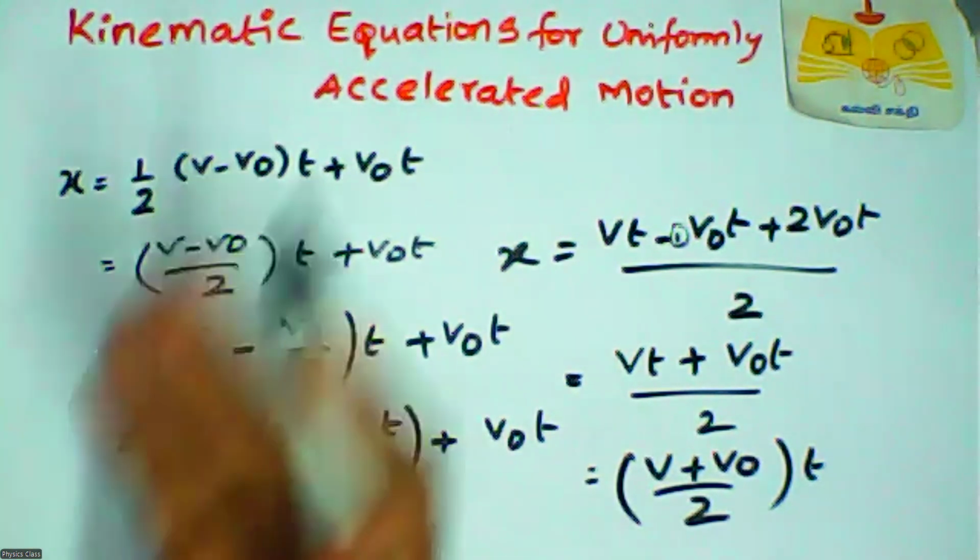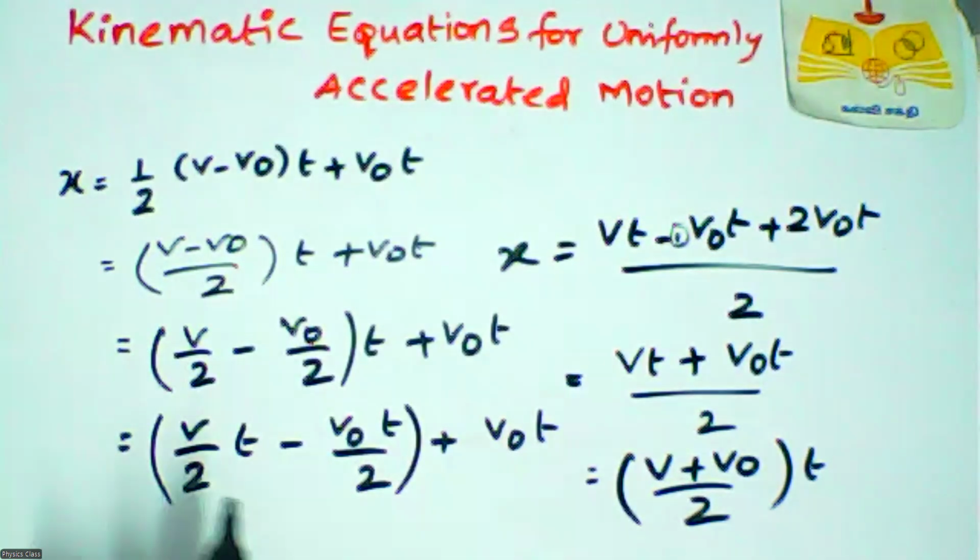In your school, in your class, there are 5 students, or it may be 20 students. To find the average, what you have to do? You have to add all the students' marks and divide by the number of students. Yes.